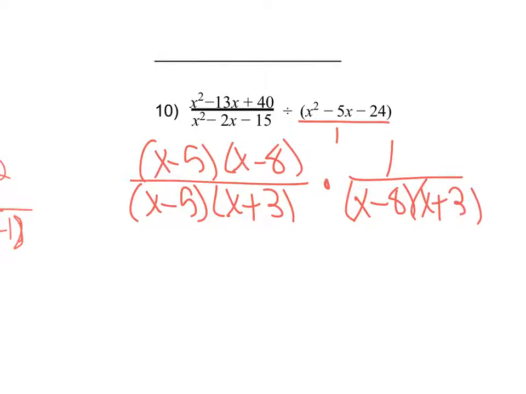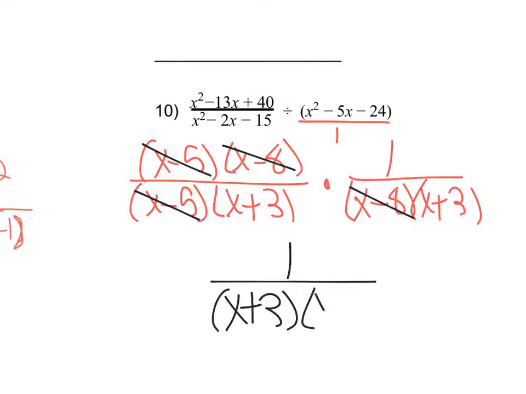And then we just start to look. I've got an x minus 5 and an x minus 5. I have an x minus 8 and an x minus 8. And I'm just left with 1 in the top, and x plus 3 and another x plus 3 in the denominator.